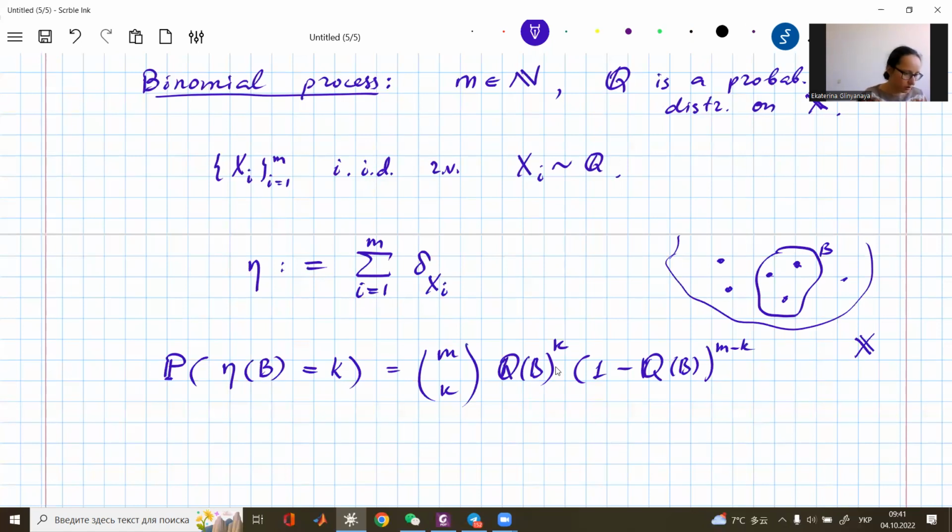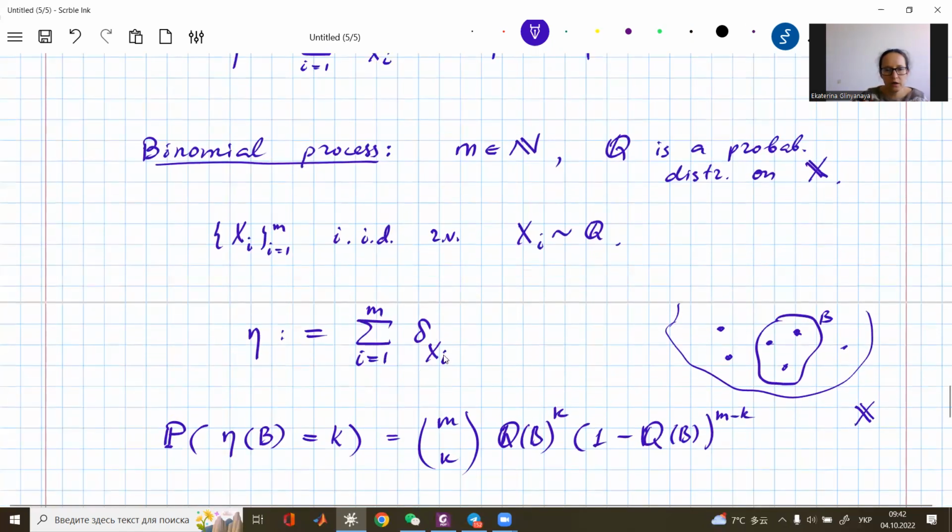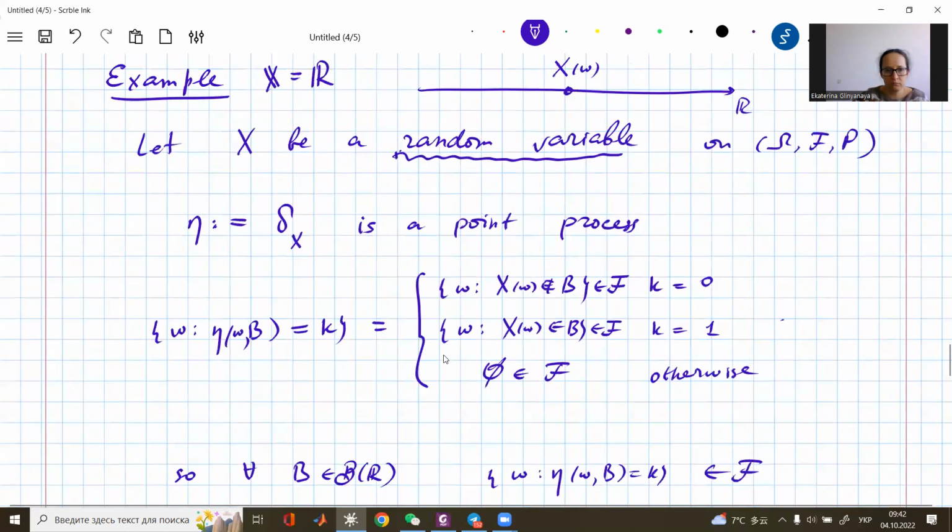Okay, so this is the case, and one more word about the examples. So here, as you see, I give you examples of measures.